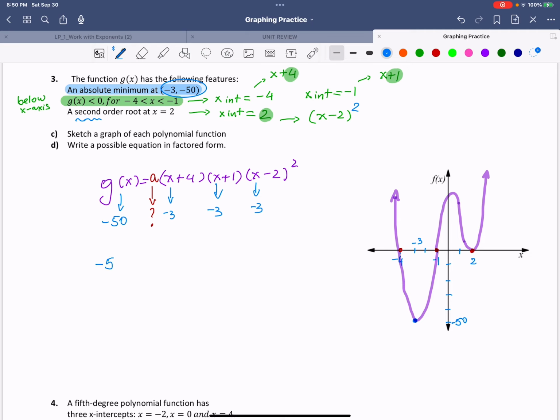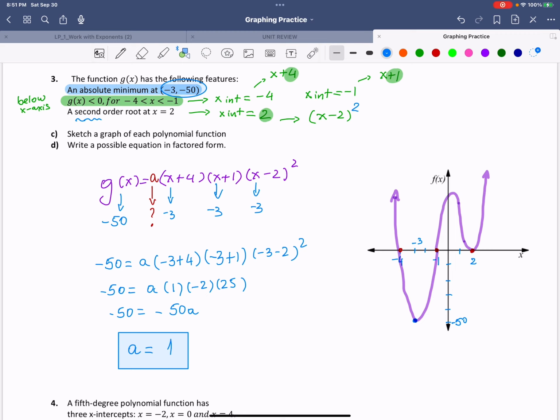So we have -50 equals a(-3 plus 4)(-3 plus 1)(-3 minus 2) squared. So -50 equals a times 1 times -2 times (-5) squared, which is 25. So we get -50 equals -50a, which tells us that the coefficient a equals 1.